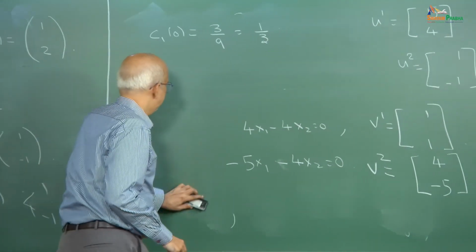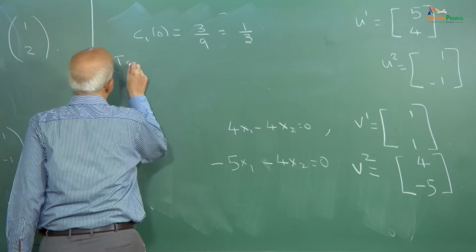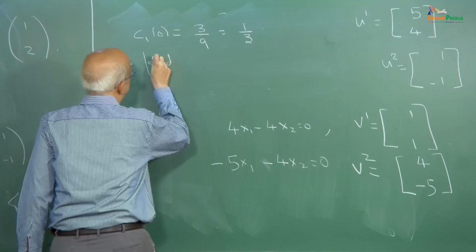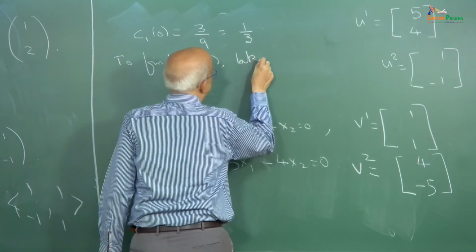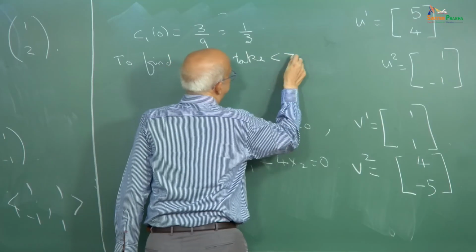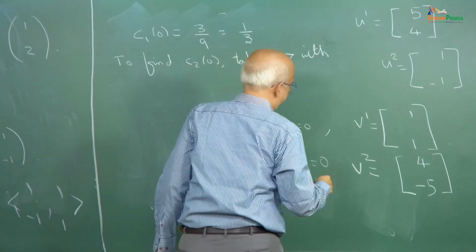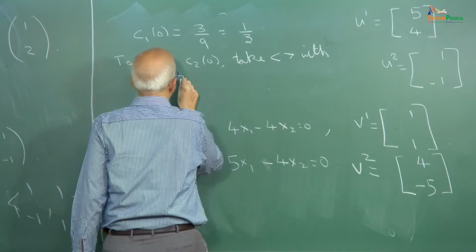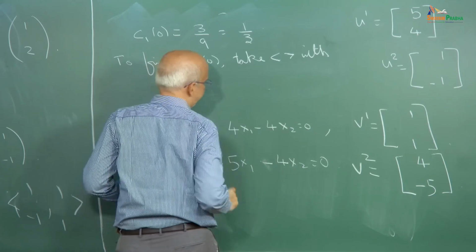To find C2, take the inner product with V2, actually V2 bar, which is the same as V2.